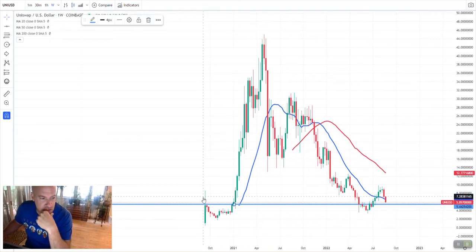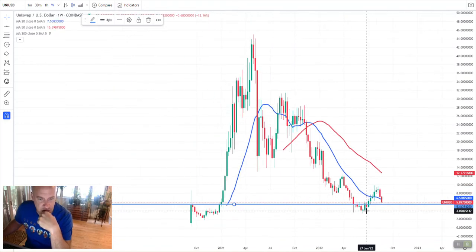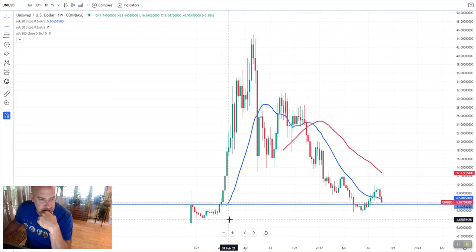So we do see some support approaching. Price bounced off 3.66 and then got to this minor support. We see support here at 5.75.